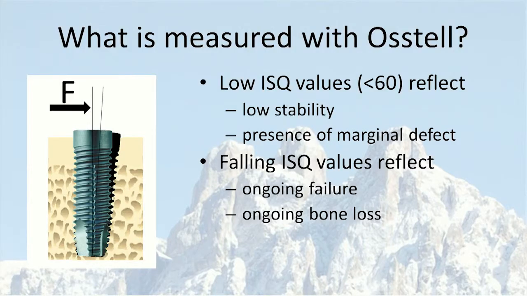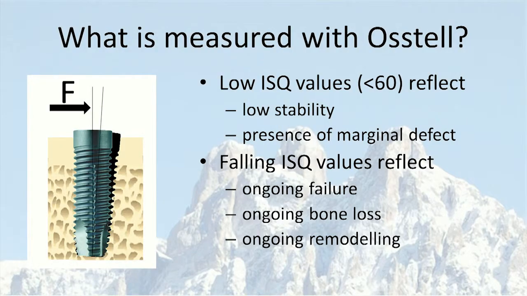So let's say we start on 60, and then we see with time a slow decrease to 55, to 50. This is probably a sign of an ongoing failure. It could also be a sign of ongoing bone loss, since there is a geometrical relation between the distance from the top of the smart peg to the first bone contact.